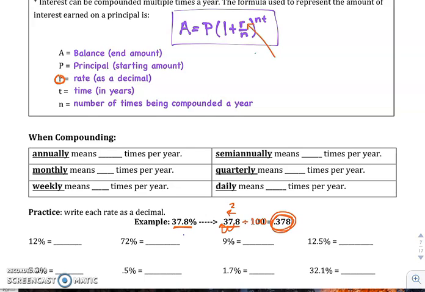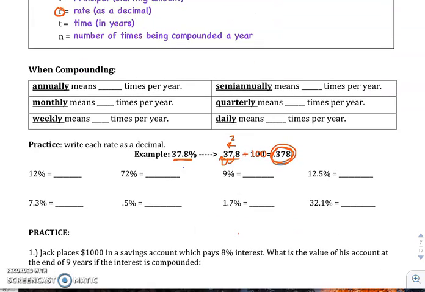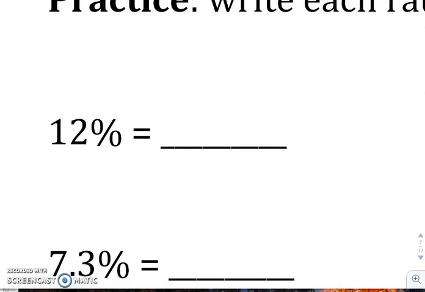You don't want to do 37.8 because that would really be 3,780%.